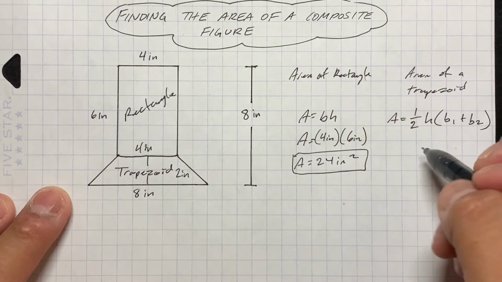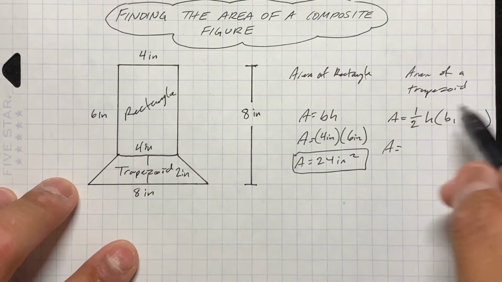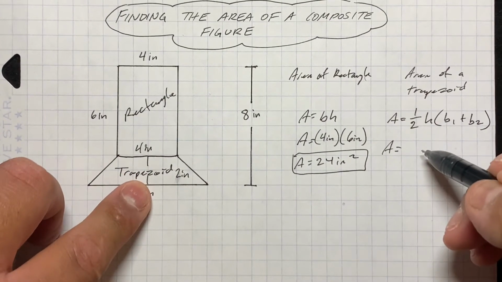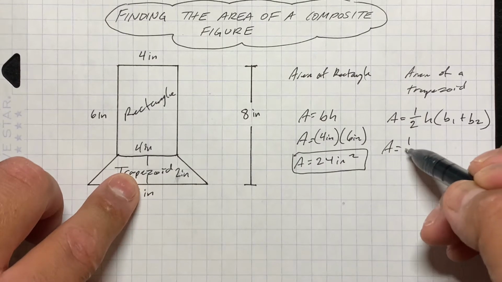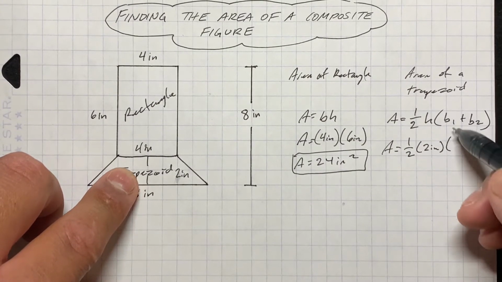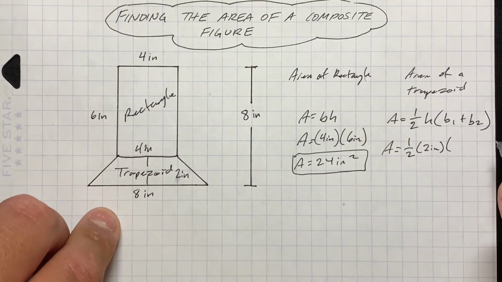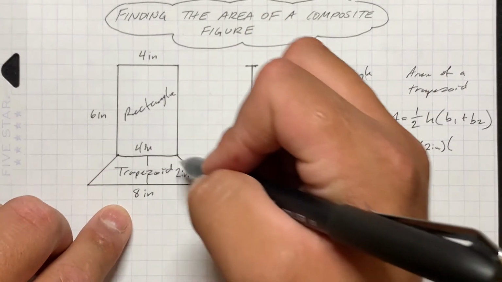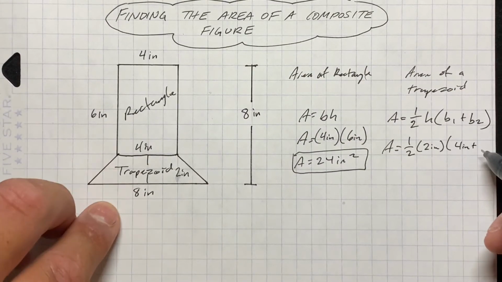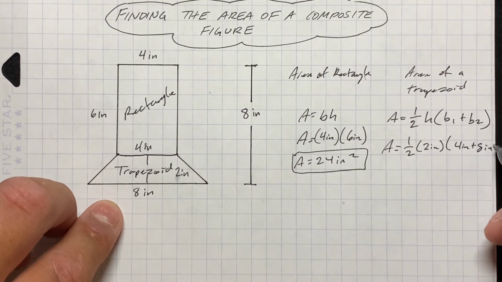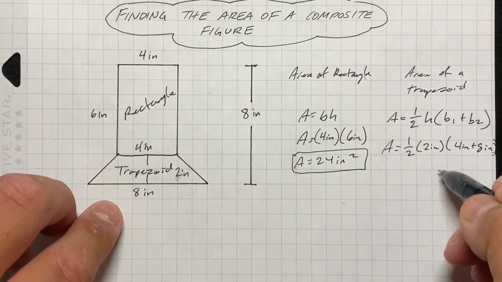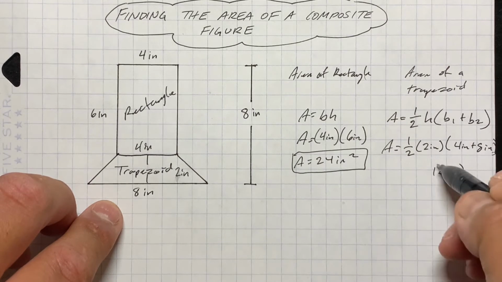Now for the trapezoid, again, substitute the values in the formula. The trapezoid height is going to be 2 inches. And then, of course, the first base for this trapezoid is going to be 4 inches, plus the second base is 8 inches. Now 4 plus 8 is going to be 12 inches.